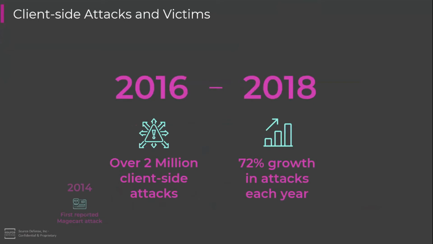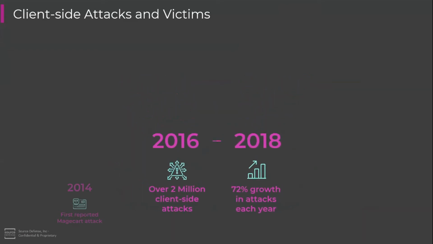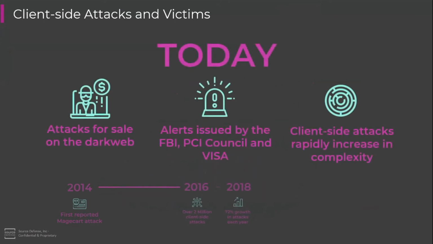The growth of the attacks during that time period was about 72% each year, year over year. And as of July 2021, there are attacks for sale on the dark web. For as little as $250, you can get a prepackaged attack.